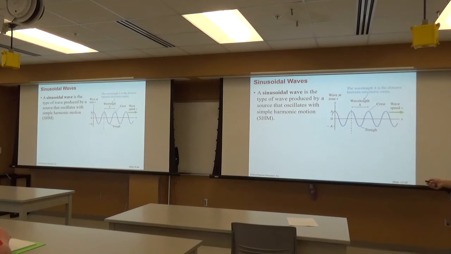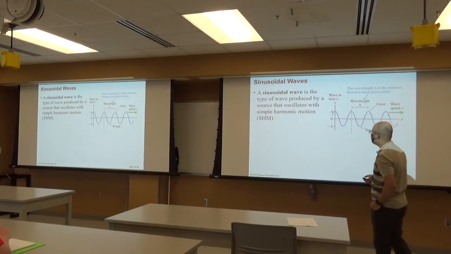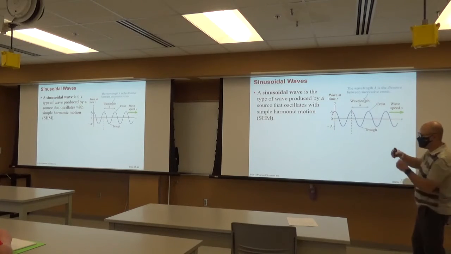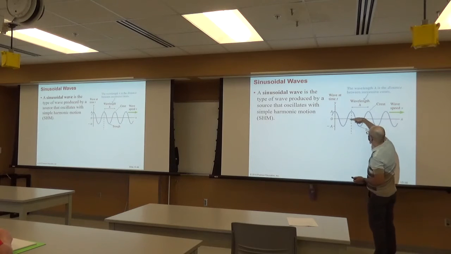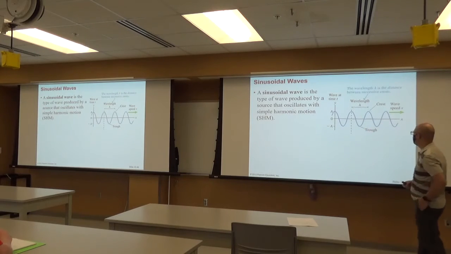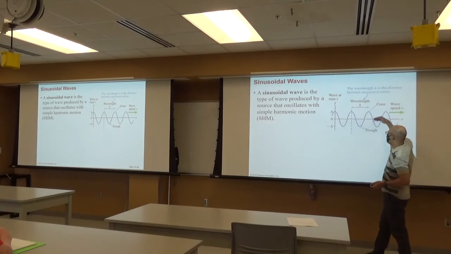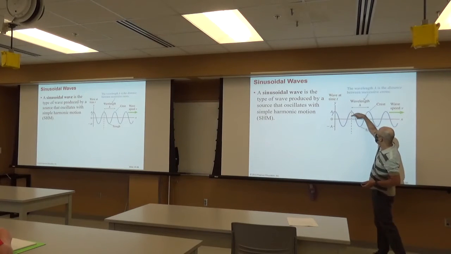The maximum displacement of the wave, or the maximum height of the wave, is called amplitude. The distance of the crest from the equilibrium, from this baseline, is the amplitude. This 0 is the baseline, the 0 mark, and that's the maximum displacement.